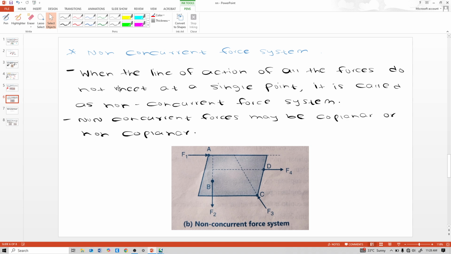So now see non-concurrent force system. When the line of action of all the forces do not meet at a single point, it is called a non-concurrent force system. Here we will explore diagrammatically. At point A force F1 is acting, at point B force F2 is acting, at point C force F3 is acting, and at point D force F4 is acting.